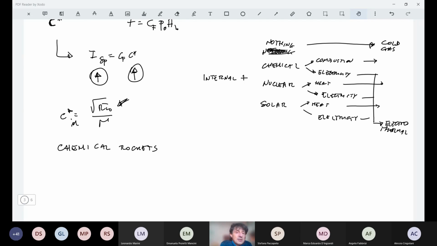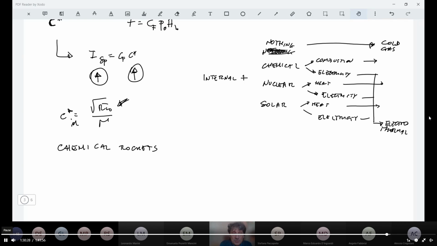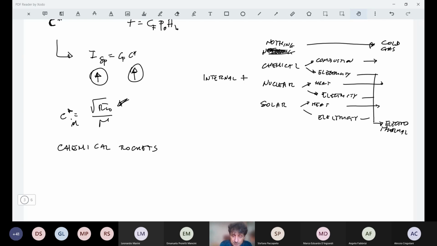It's also important that it allows us to reach our goals, because with chemical propulsion we achieved all the required missions for space application. That means reaching the orbit and moving from one orbit to another, and reaching the moon, for instance, and so on.